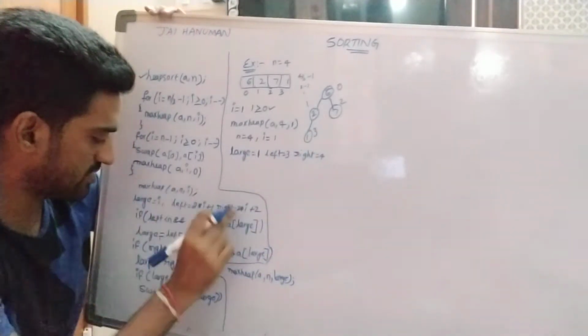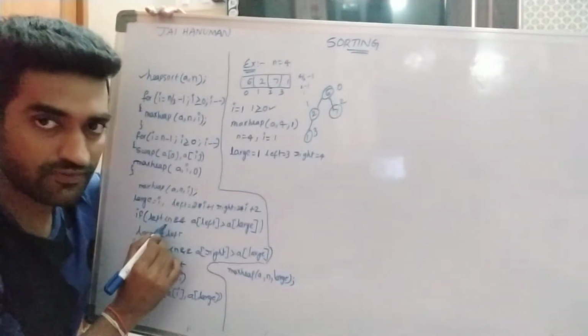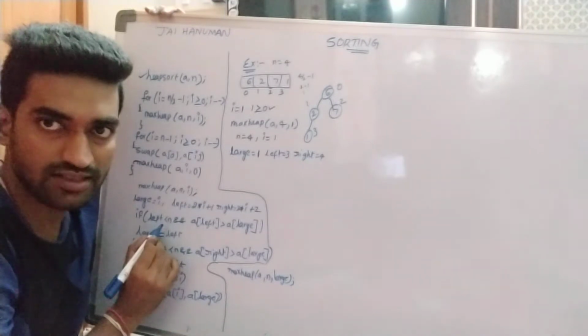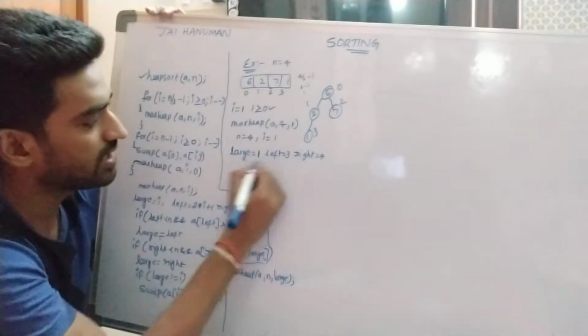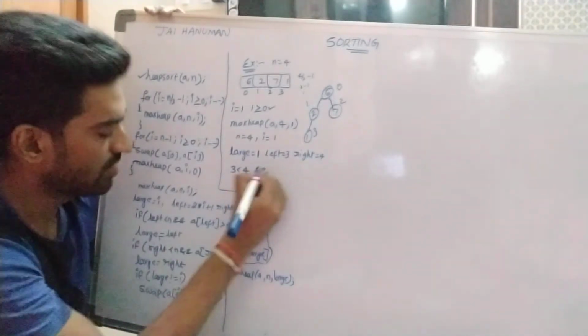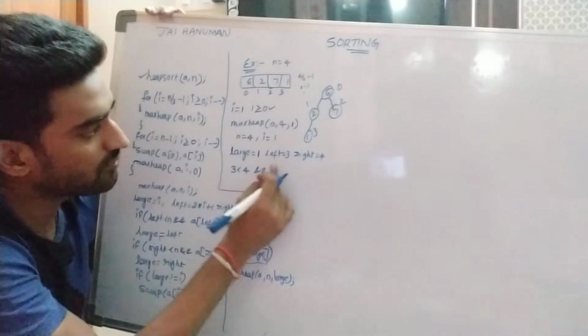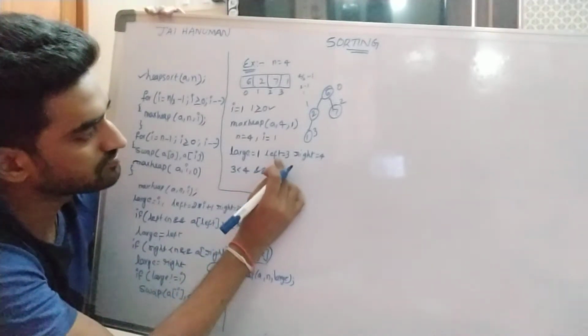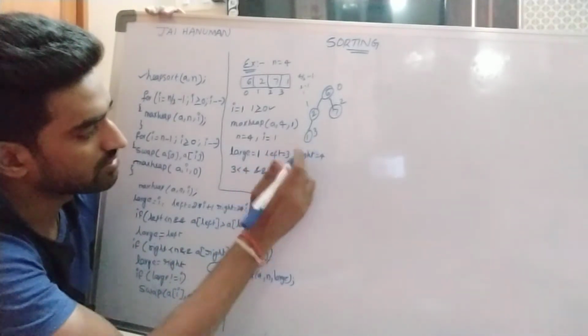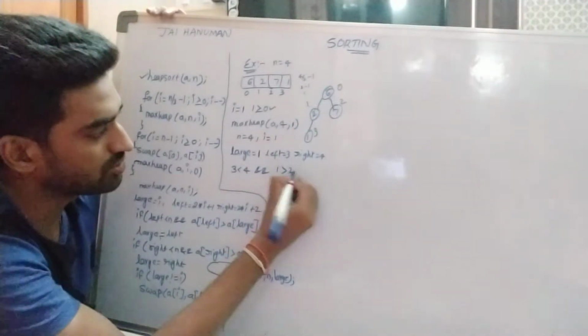Now we check this condition. What is the first condition? If left less than n. What is the left value? 3 less than 4, and n is 4. Logical AND of A of left, that is A of 3, which is 1, greater than A of large, which is 2.